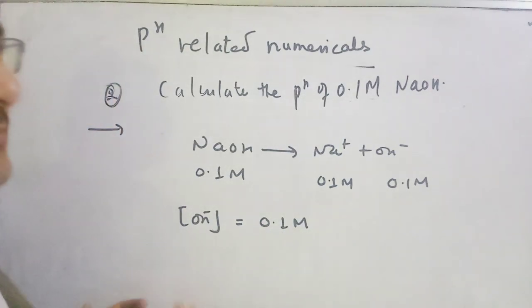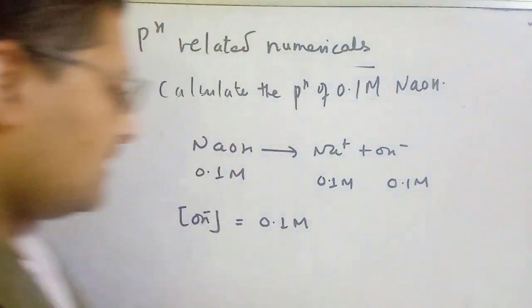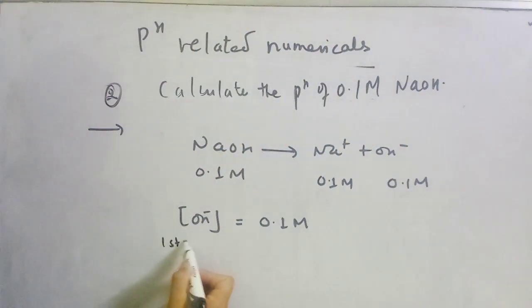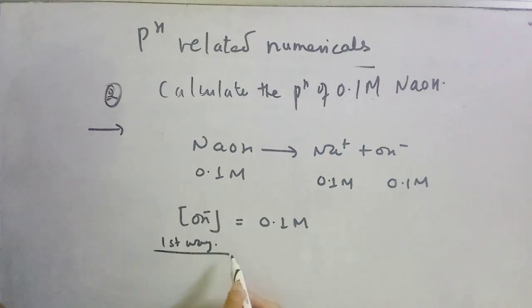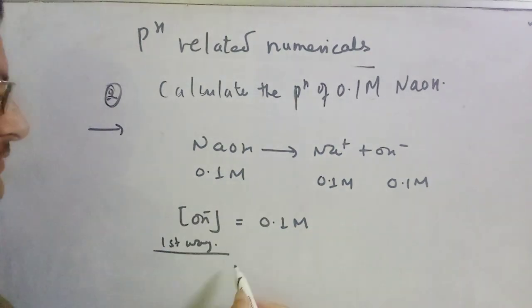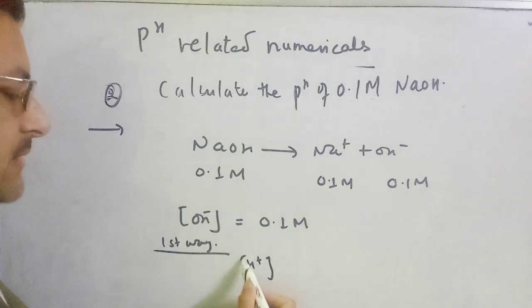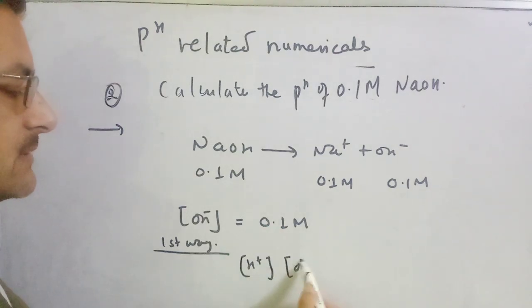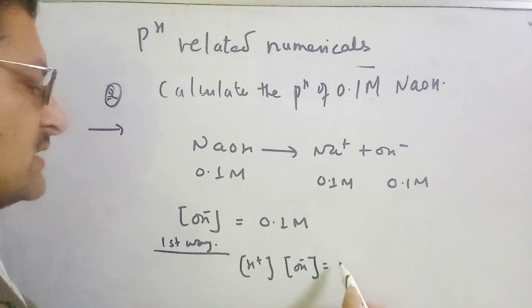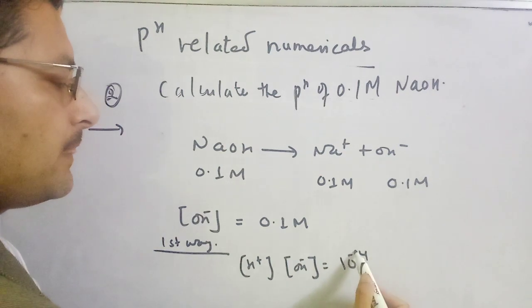Friends, you can get the pH value in two ways. One way, the first way to calculate pH, is you can first find out the H plus ion concentration. As you know, the ionic product of water, H plus multiplied by hydroxide, is equal to 10 to the power minus 14.